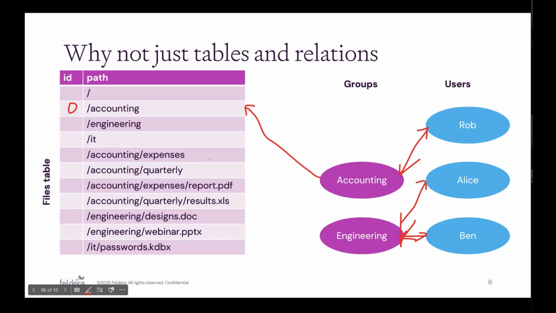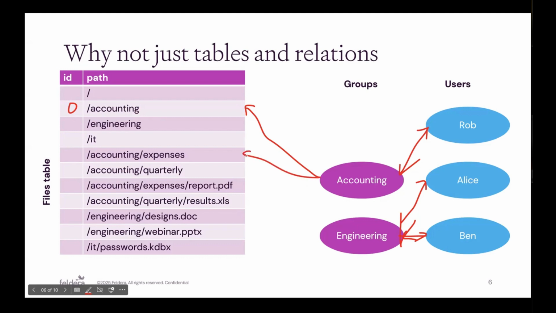Now, in this version, what we're doing is we don't really model this file hierarchy yet, because in standard SQL, it turns out you can't really model this file hierarchy. So what we did is we just always wrote the path out here for all the subfiles. So if you really wanted to give accounting access to the whole accounting folder, we would actually have to insert more things here.